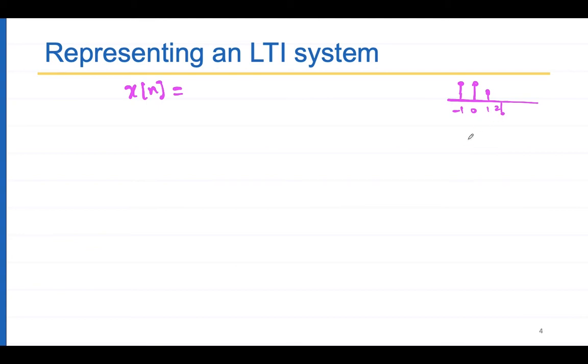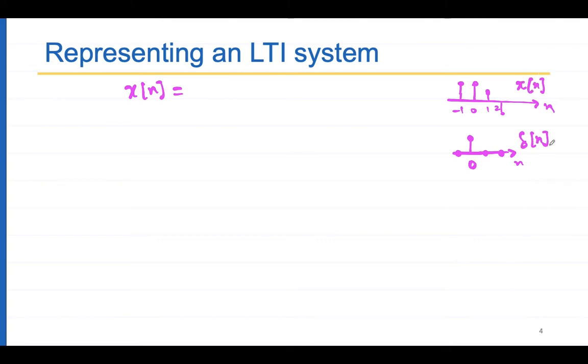We have seen that we can represent xn with the help of a single impulse input. This is 1 at 0, and it is 0 everywhere else. The unit impulse function delta of n. This is n here, right? This was my general xn.